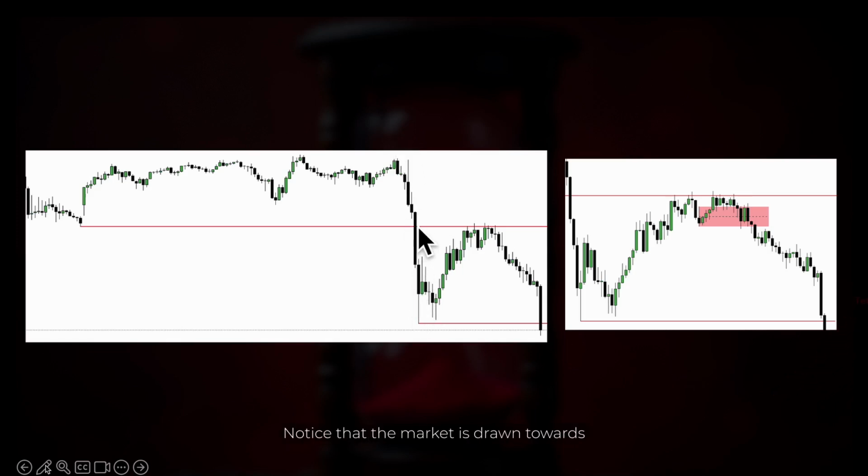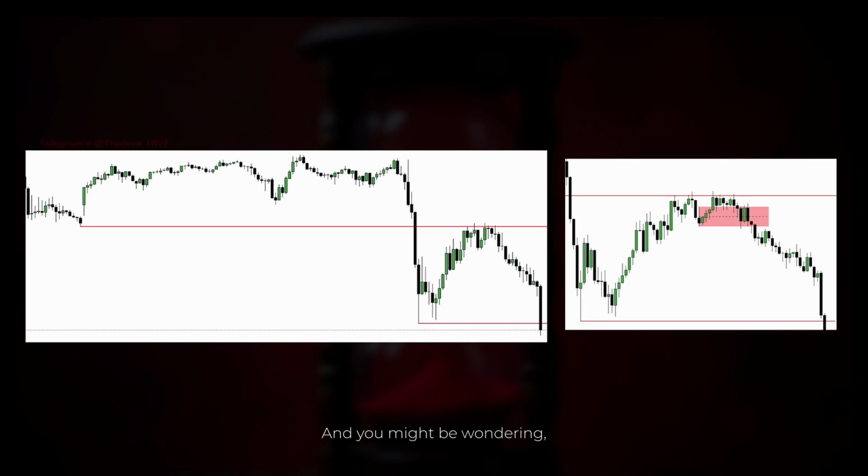Notice that the market is drawn towards this low and eventually expands beyond it. Notice that this low right here is the low of an imbalanced price range. Why? Because what you can see is that we displaced through that low with this CB. And therefore what you can anticipate is that the market is going to retrace into that level, balance out the price range by offering buy side, so that the market can then continue towards the downside.